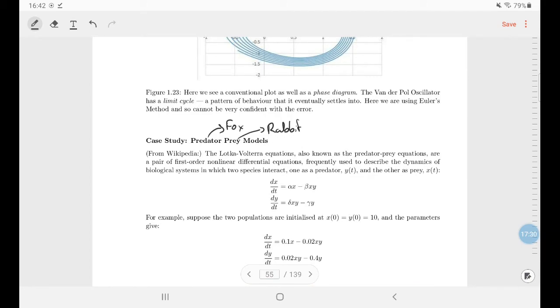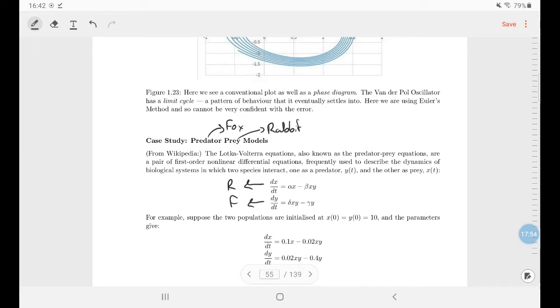So this is the rabbits, and this is the fox. So how can the fox get into trouble? So basically this interaction. Imagine if there are lots of foxes and rabbits around, you're going to have lots of interactions. You're going to have lots of foxes eating rabbits.